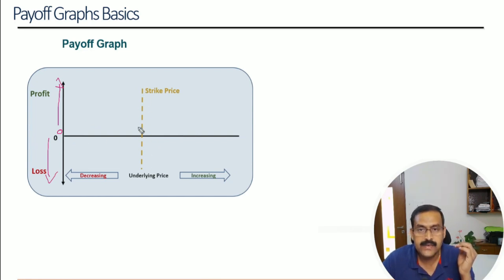And this vertical dotted line is the strike price at which the option is being executed. So from this strike price, if you go left, that is the decreasing value of the stock or the instrument. If you go right, it is the increasing value of the stock or the instrument. Let us now look at a few examples to understand the complete payoff graph.